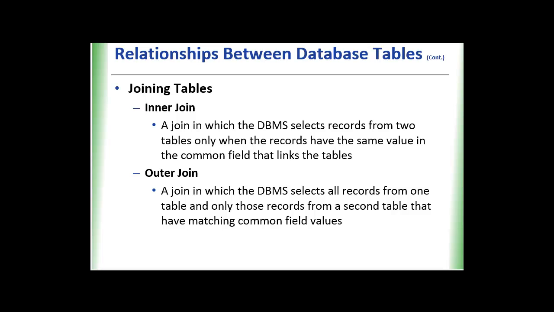And an inner join is a join in which the DBMS selects records from 2 tables only when the records have the same value in the common fields that links the tables. Next we're going to talk about the outer join, which is a join in which the database management system selects all records from one table and only those records from a second table that have matching common field values.